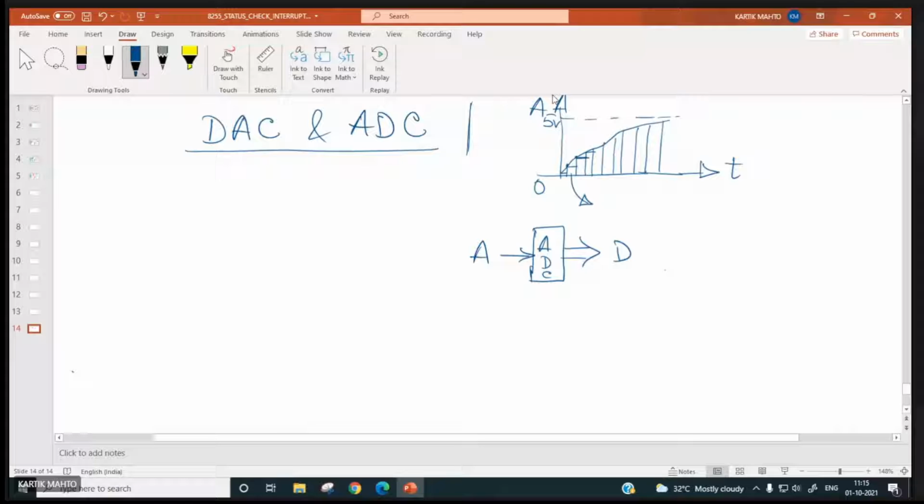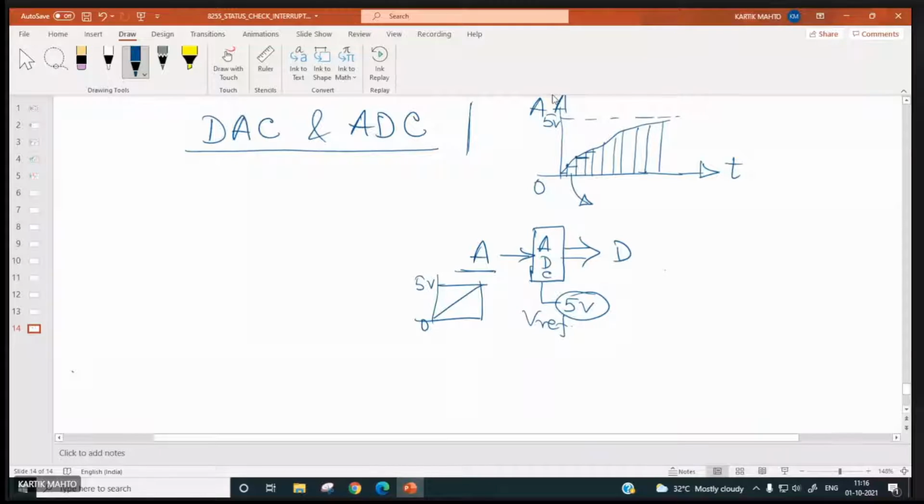Yes, sir. But whenever you go for this kind of conversion, you have to remember your reference, that is, what reference voltage we are using. It means this ADC will allow only analog in the range of 0 to 5 volt only.